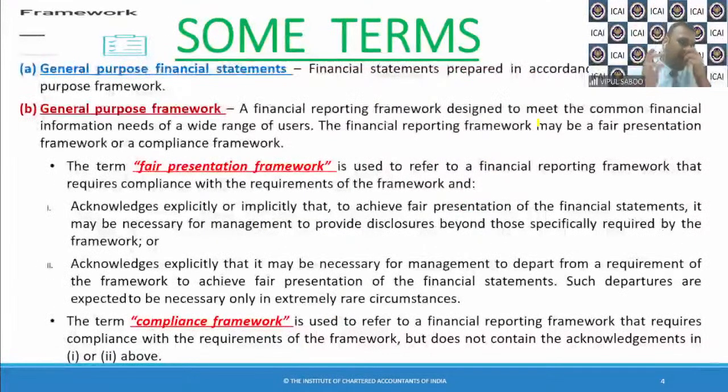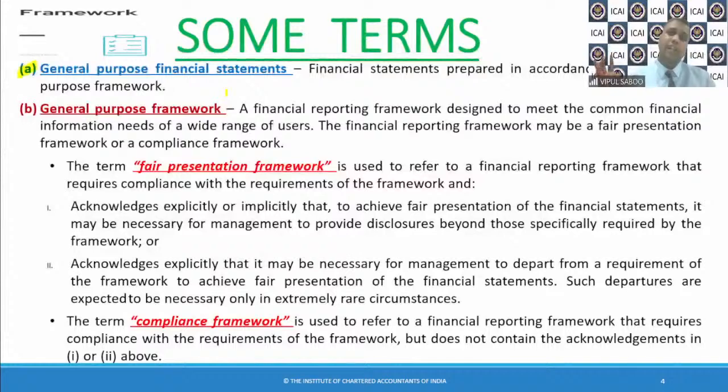Okay, there are some terms which I want you to read with me before we move ahead with our chapter topic. So these are the terms. The first term is general purpose financial statements.